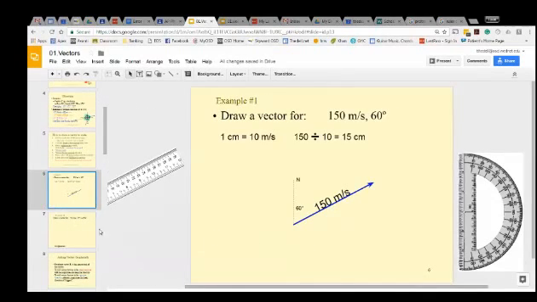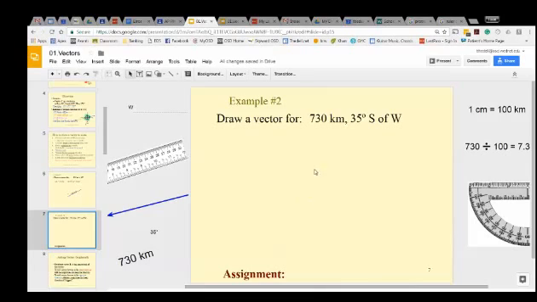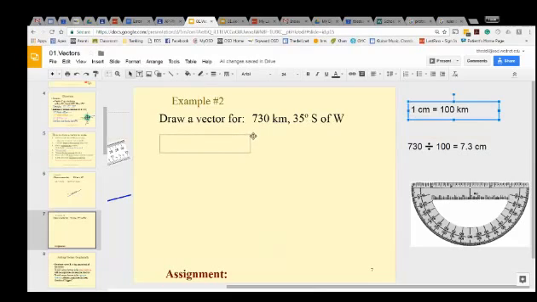We might get a vector like this one, 730 kilometers at 35 degrees south of west. So going through those steps again, I choose a scale. This time I'm going to choose 1 centimeter equals 100 kilometers, because I couldn't possibly do 10, since that would be 73 centimeters, which is 3/4 of a meter stick, and I can't fit that on my page.